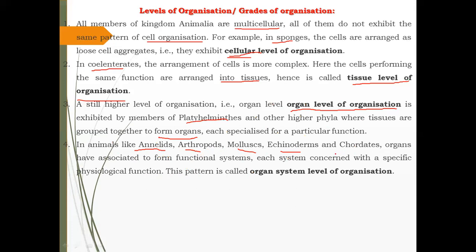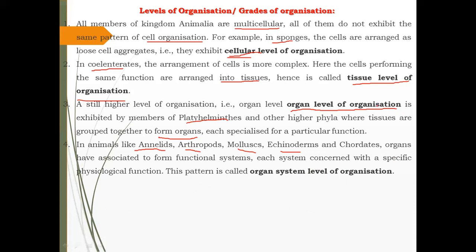This group of animals shows a proper functional system by using organ systems. These organs are connected with particular or specific physiological function. This pattern is called organ system level of organization.